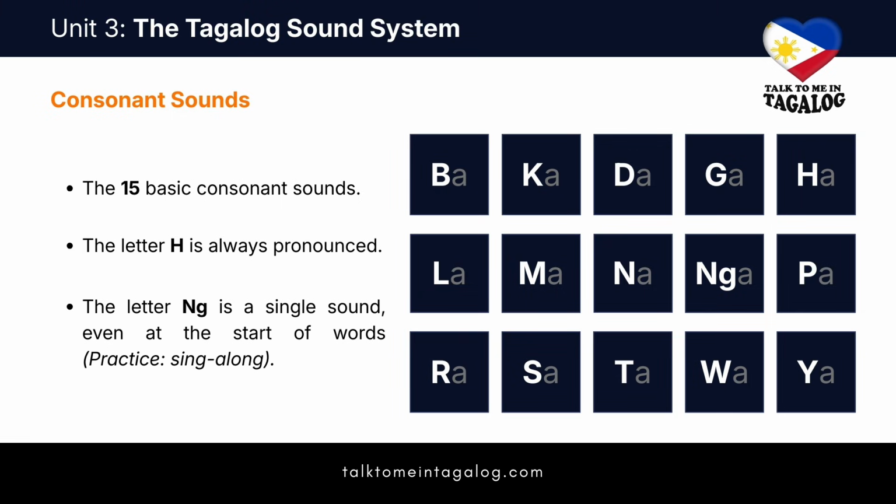A few important things to remember. The letter H is always pronounced, and NG is a single sound even when it appears at the beginning of a word, like in the English word sing along.